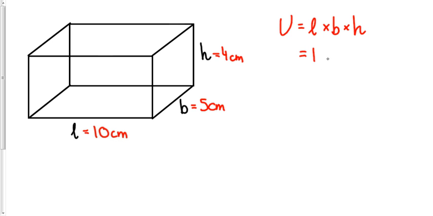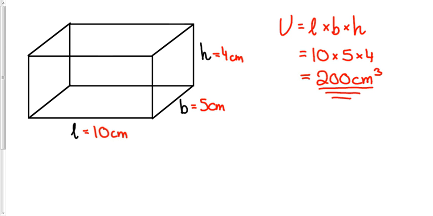So that's going to be 10 times 5 to make 50 times 4 to make an answer of 200 centimeters cubed. Okay, that's exactly what an answer to working out the volume of a cuboid should look like.